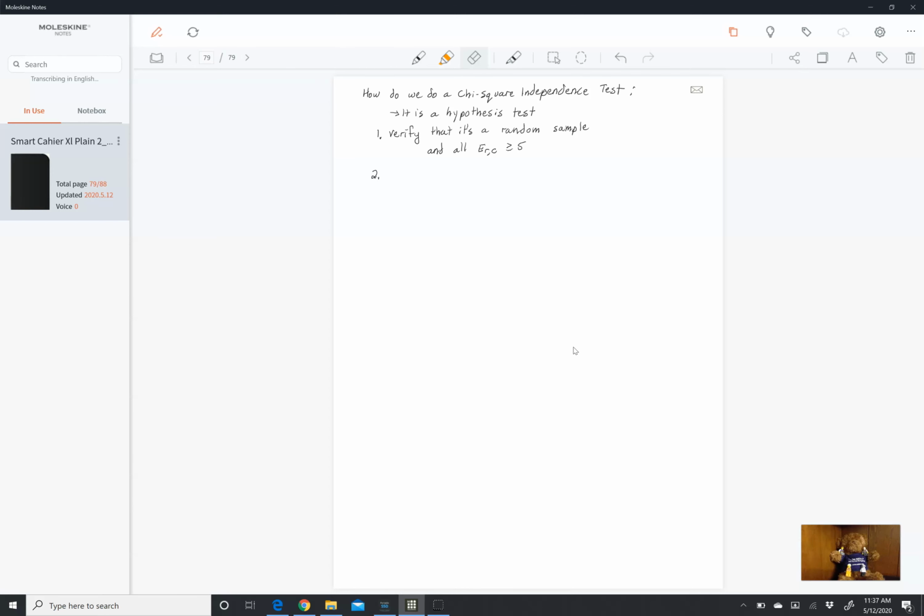Second thing, we have to state the null and alternative hypothesis and identify the claim.